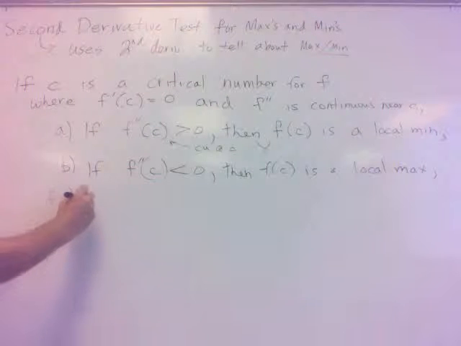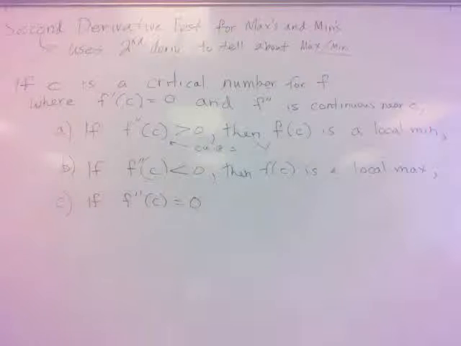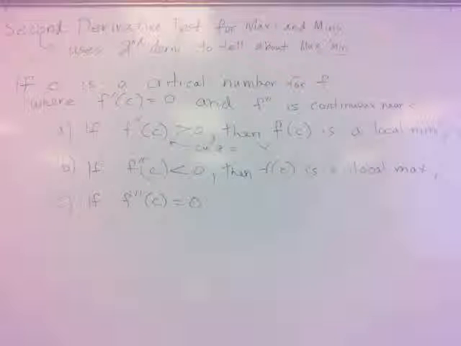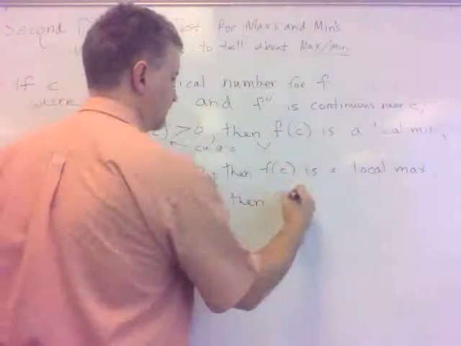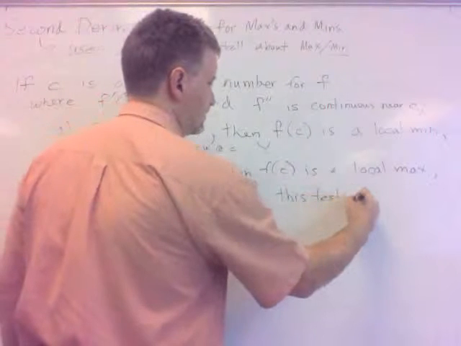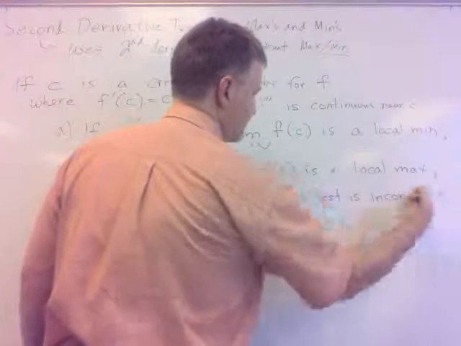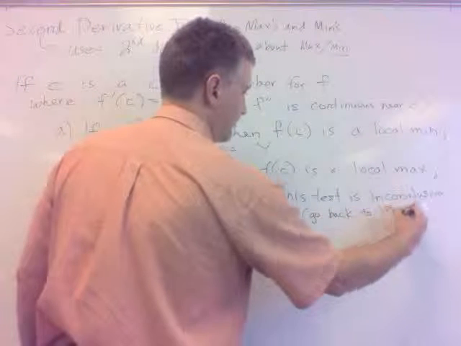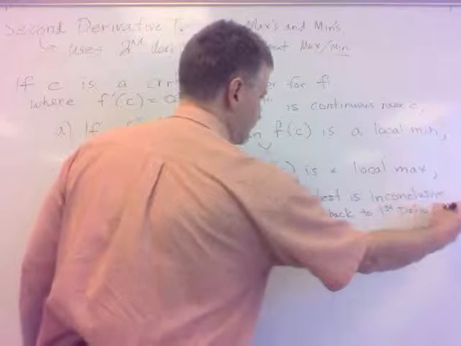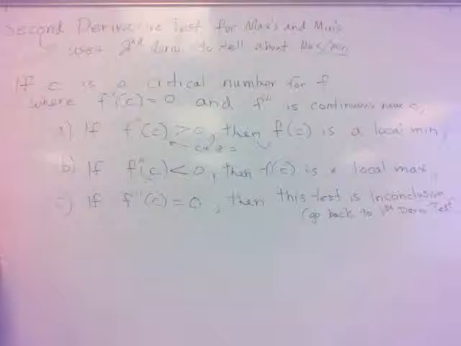And there is one other possibility: if you evaluate the second derivative at C and it equals 0, then the test is inconclusive. Go back to the first derivative test, where you're checking whether it's increasing and then decreasing, or whatever.